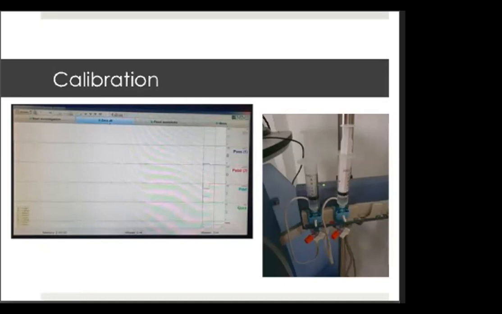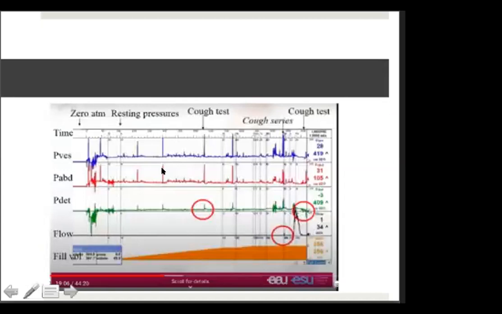By clicking zero all, it will set all the pressures to zero relative to the atmosphere so that we can see the resting pressures of the bladder and the abdomen, which are above zero. So when we start, we can see all the resting pressures, for example the vesical pressure and the abdominal pressure. Actually, it is not really zero, but the detrusor should be almost zero.